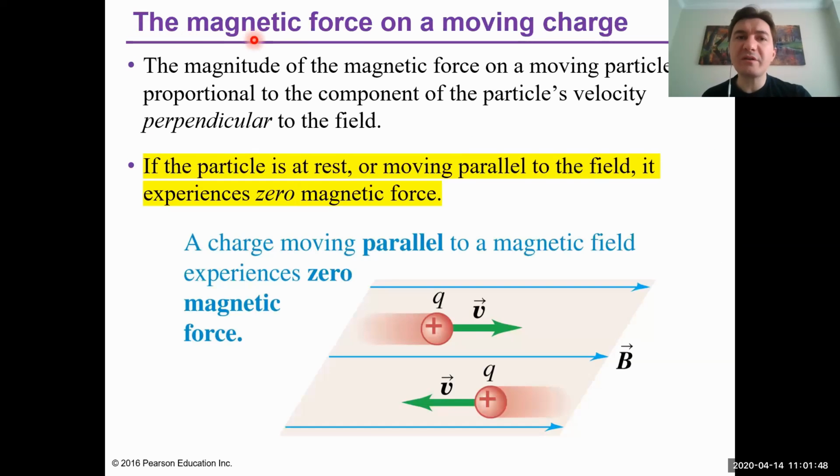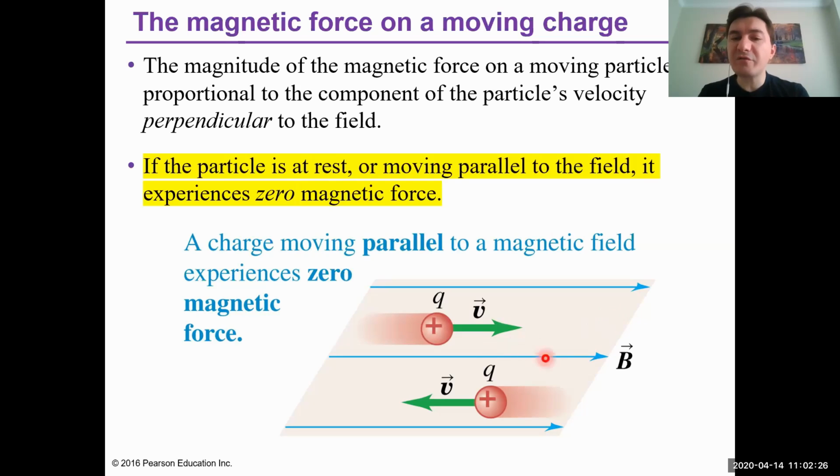Now let's talk about the magnetic force on a moving charge. The magnitude of the magnetic force on a moving particle is proportional to the component of the particle's velocity perpendicular to the field. I will explain what we mean by that. Here we have a homogeneous, uniform magnetic field shown by B, and a positively charged particle with charge Q moving with a certain velocity along the magnetic field.